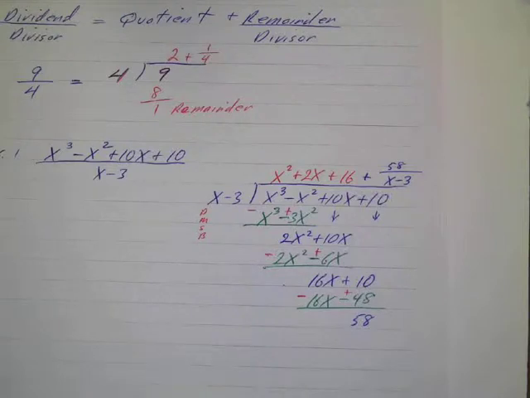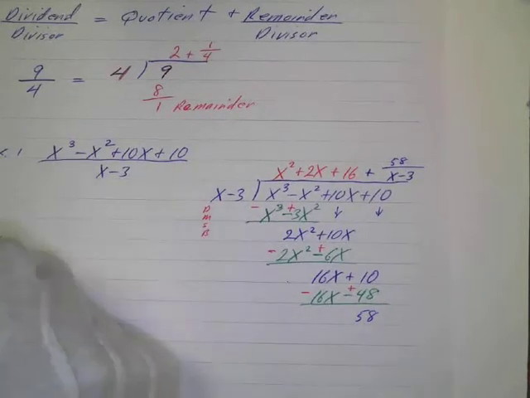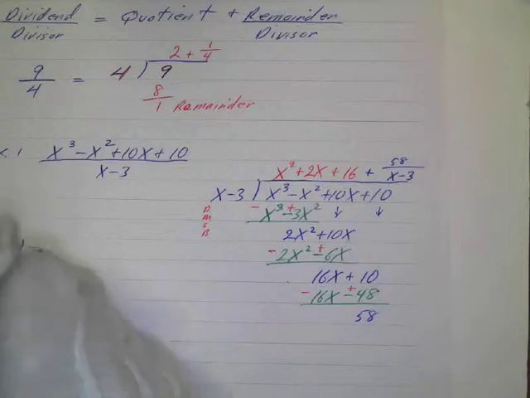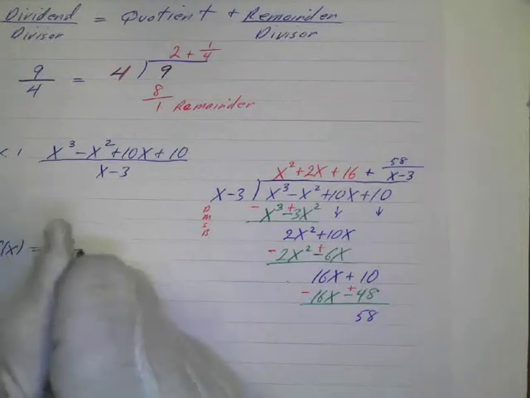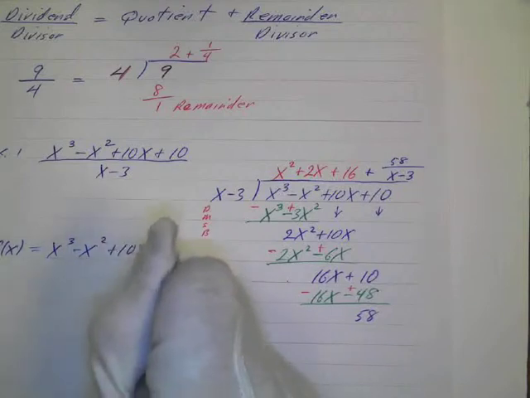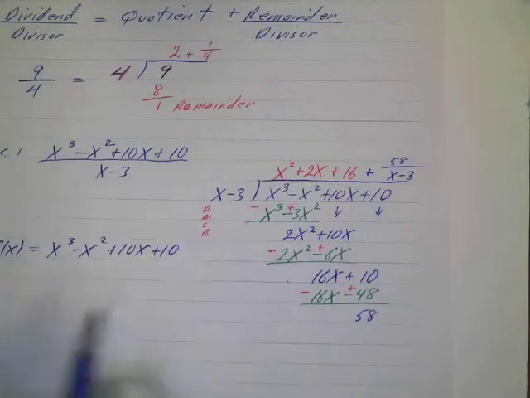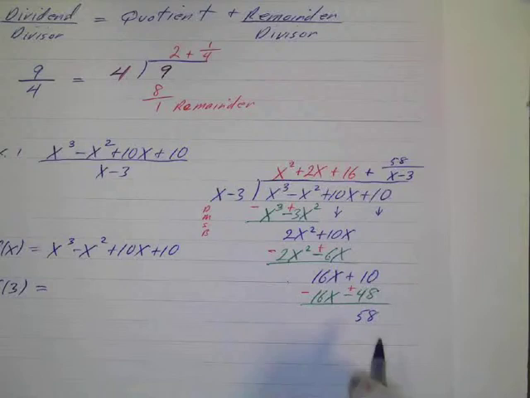Now we also talked about the remainder theorem. The remainder theorem says if we do get a remainder when we divide, then the value of this polynomial, if I call this polynomial f of x equals x cubed minus x squared plus 10x plus 10, and I want to evaluate f of 3, that would equal 58.